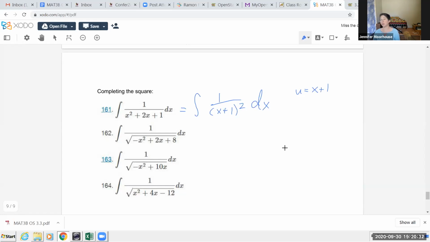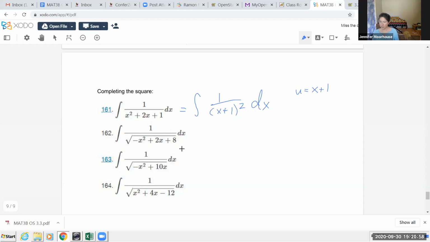And then you can use the power rule on it, right? Then it's just a simple integration from that point on. So that one's not bad, and it doesn't need a trig integral. So you really want to look out for things like that: oh, it's already a perfect square, I don't have to do anything. So make your life easy.